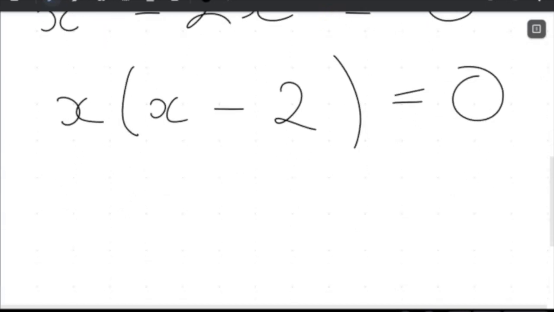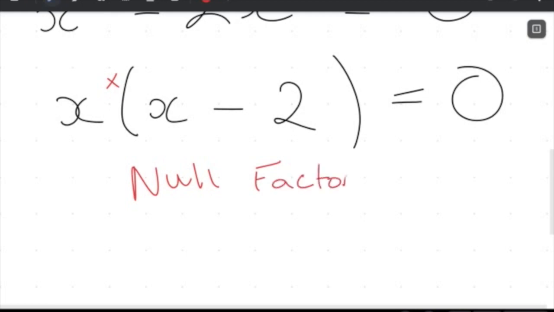and that equals 0. Now remember, here our two terms are multiplying, so we're going to use our null factor law, which tells us that in order to have this left hand side equaling 0, since this is a product, one of these terms has to equal 0.